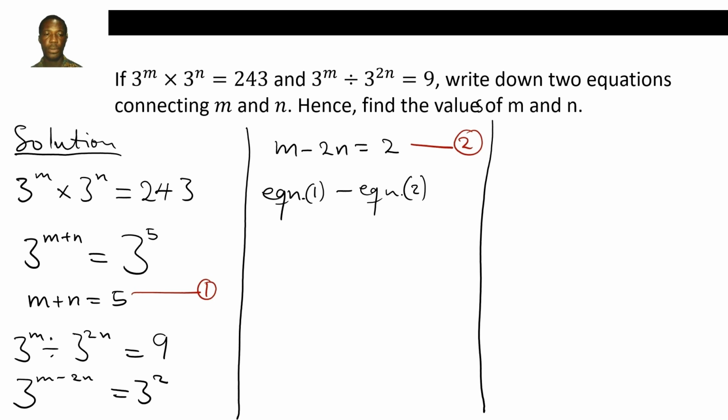Okay, so I have m minus m plus n minus 2n. So it's going to be minus negative 2n, which will give us plus 2n.